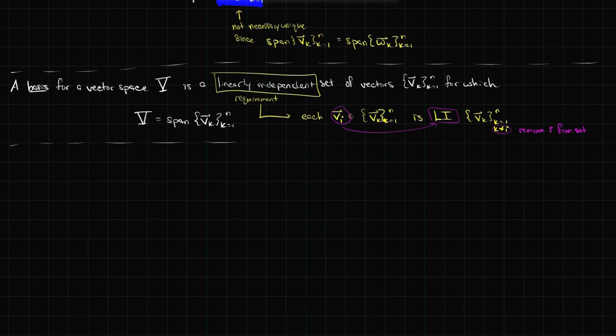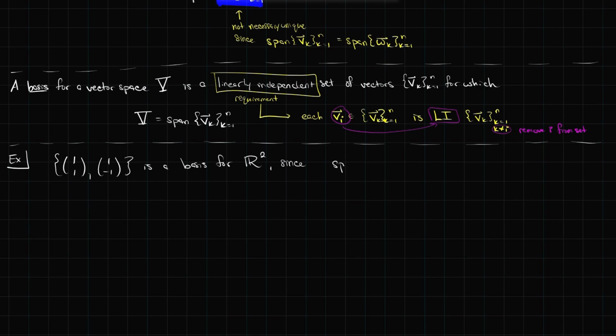So I can provide quite a few examples of these bases. One example would be the set (1,1), (1,-1) is a basis for R2, since the span of (1,1), (1,-1) equals R2.